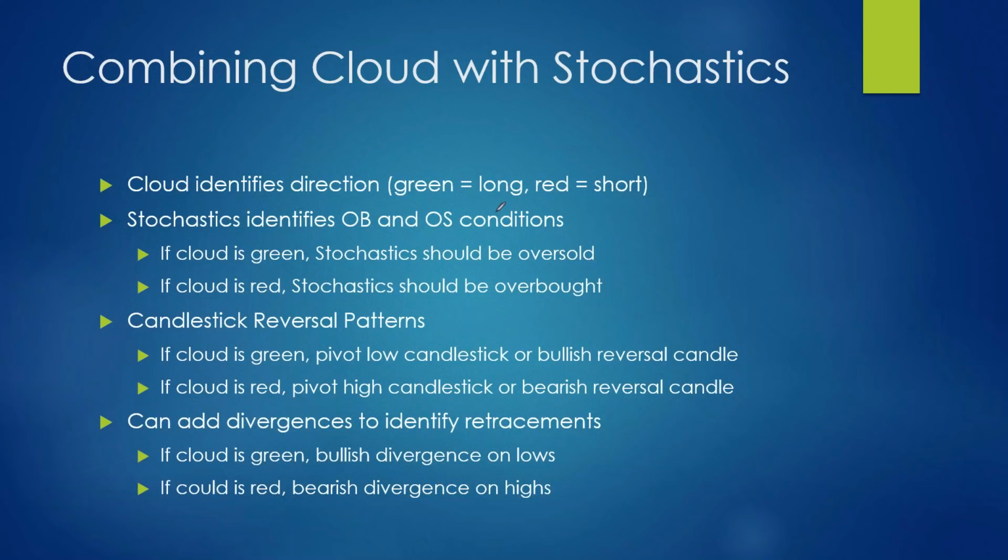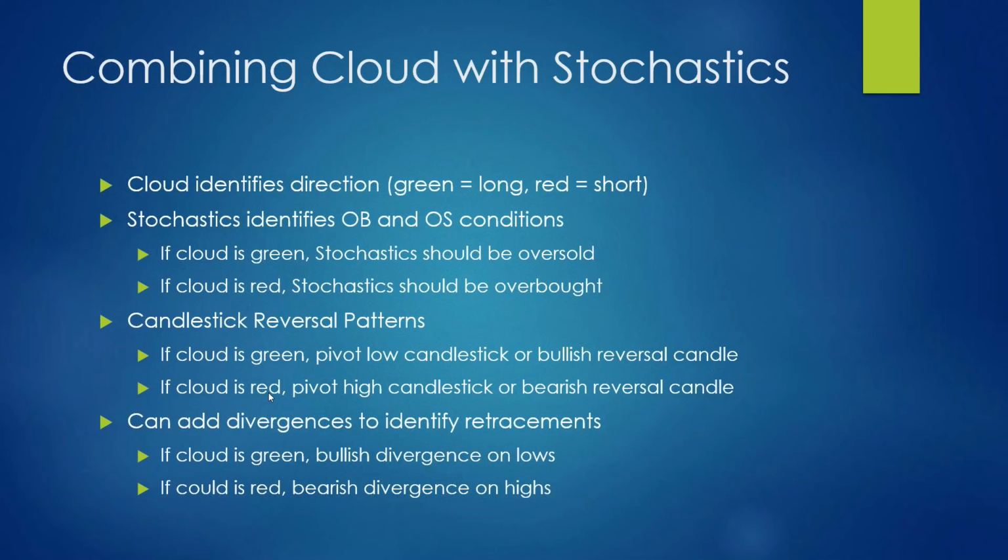Now, once that is met, then you want a candlestick reversal pattern. Okay. If the cloud is green, that means it's an uptrend. You're looking for a long position. Then you would want a pivot low candlestick or a bullish reversal candle.